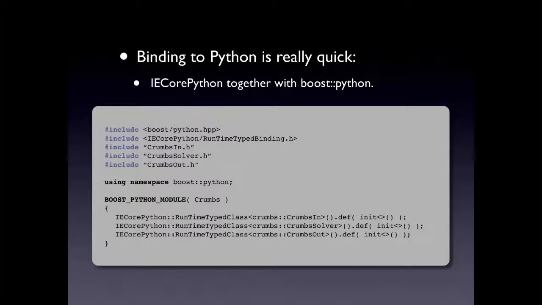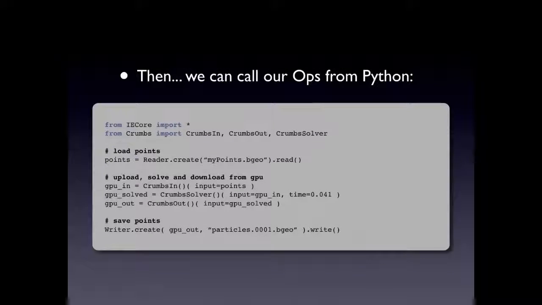And as the last example, he basically did a binding to Python, and that's basically all he had to define to bind these functionalities using IECore Python together with Boost Python. And once that was done, you just write this little piece of Python code, which, as an example, just loads a BGEO, applies the three ops, and then saves all the points as well.